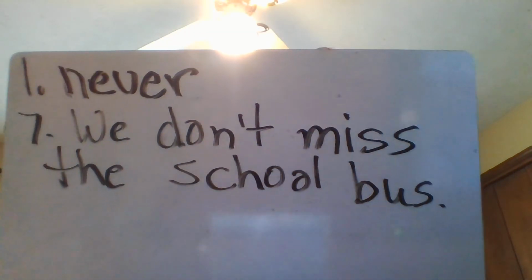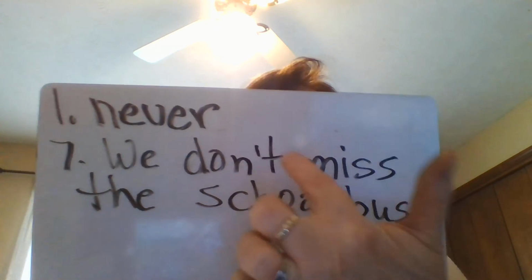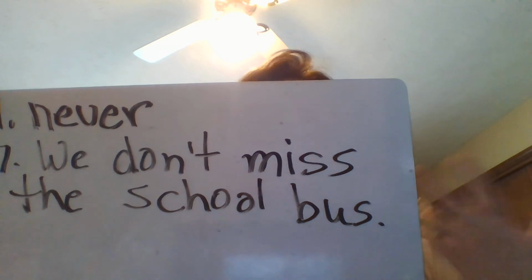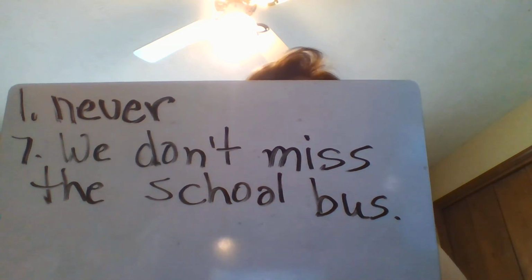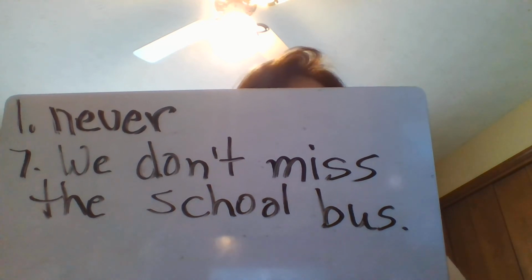We don't miss the school bus. And that, of course, makes the sentence mean that we are good at catching the bus, and we get to school on time because we are not late to catch the bus. Whereas before, we were saying that we never catch the bus, and that's not what we meant.